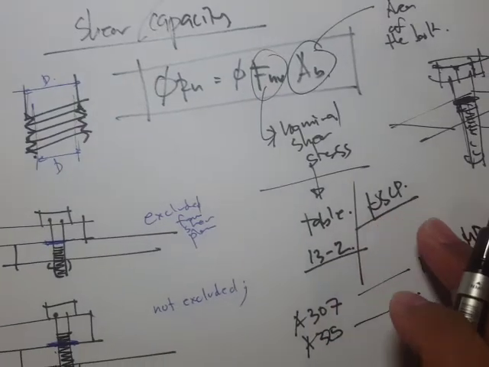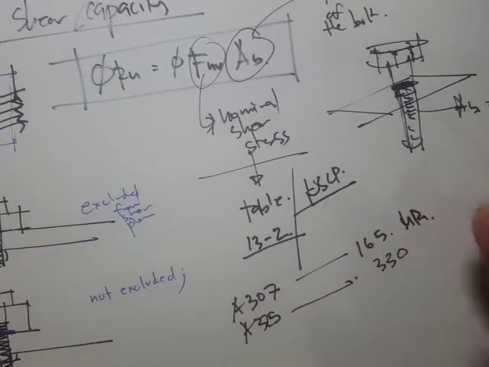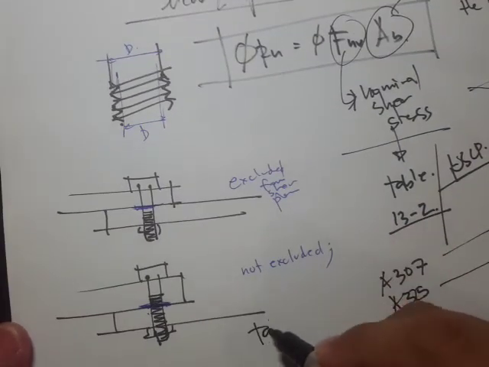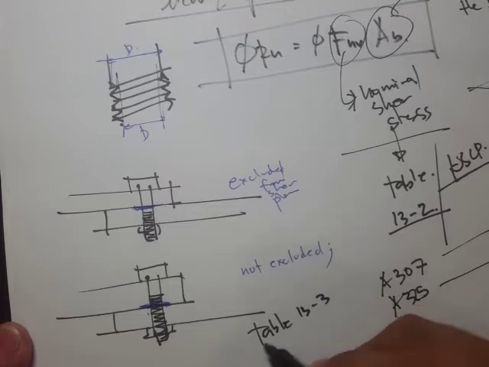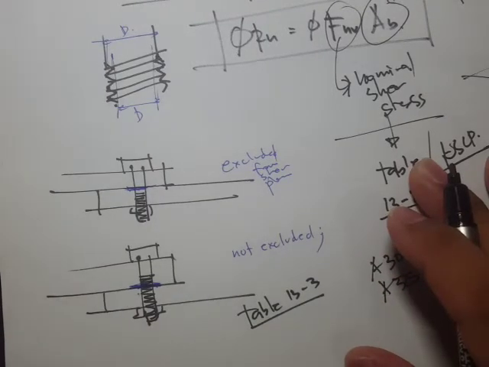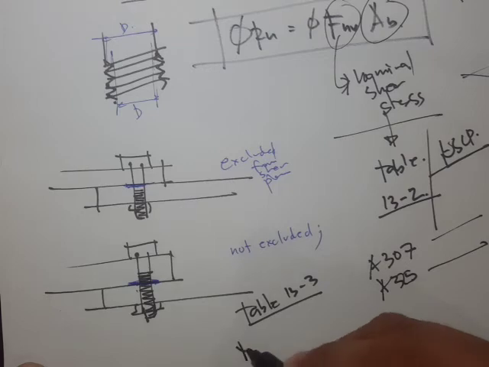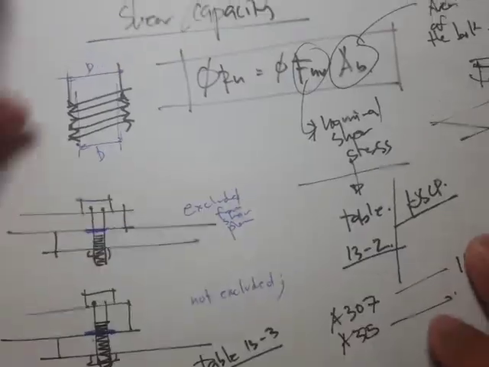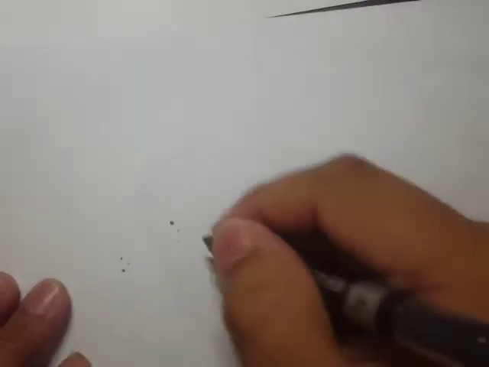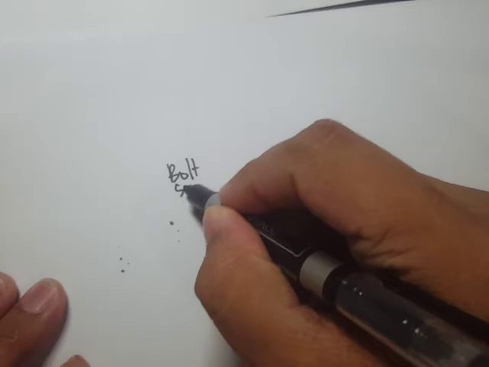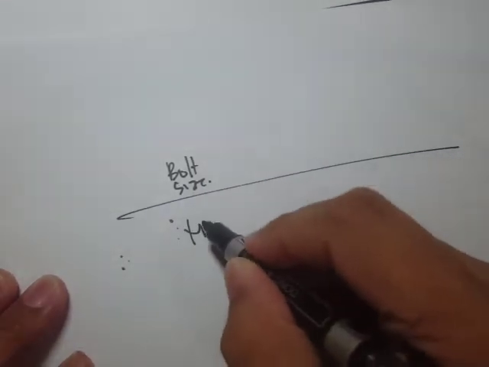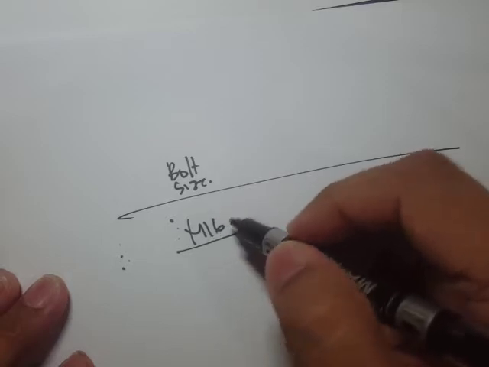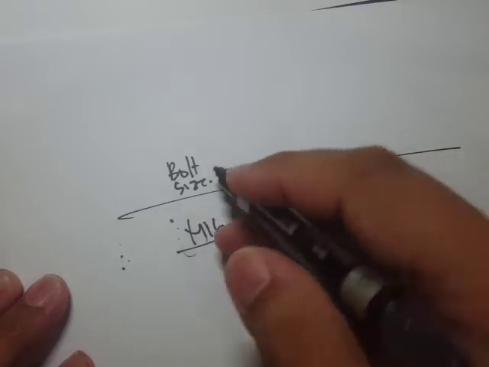Now, in our lecture handouts, there's also another table, table 13-3. There's a given example bolt size M16, and what's the bolt area? It's already computed. Take note, when we say M16, that's the 16 mm bolt in metric.